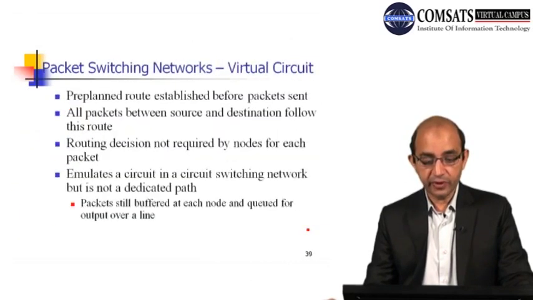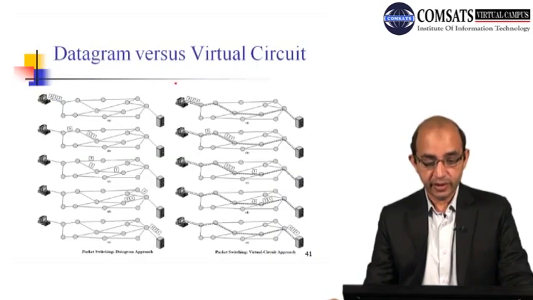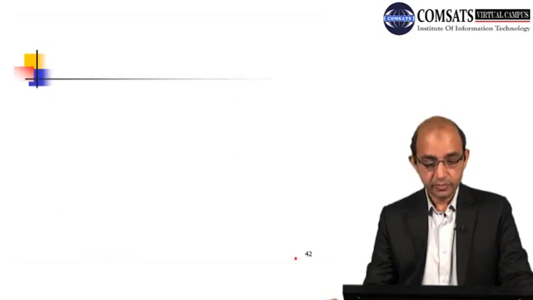But if we have packet switching with a virtual circuit, then packets arrive in the original order, and they arrive correctly, and of course as a result the transmission is rapid without routing decisions, right? So here we have the datagram approach, and here we have the virtual circuit approach.